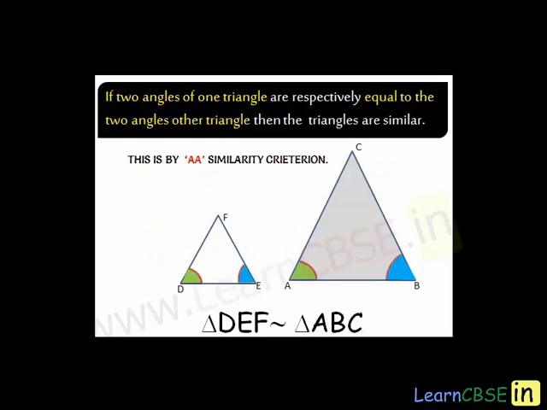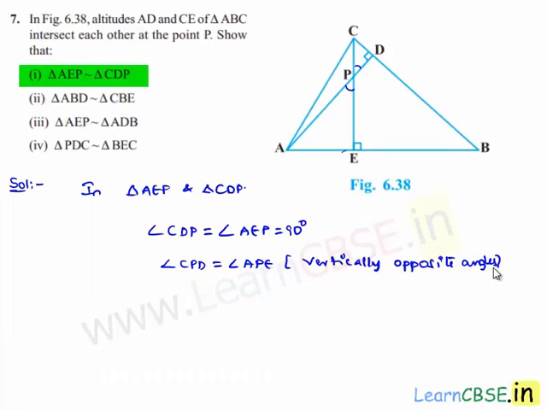Now by AA similarity, as two corresponding angles in two triangles are equal, we can say triangle AEP is similar to triangle CDP. This is what our first proof we required.